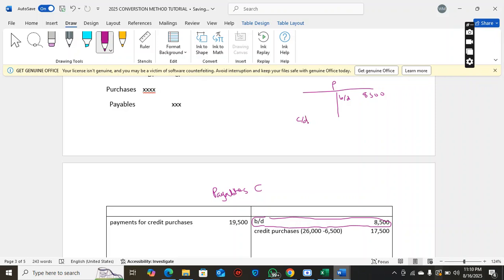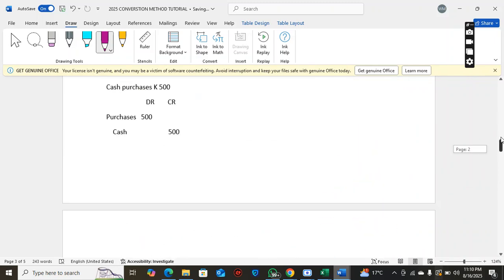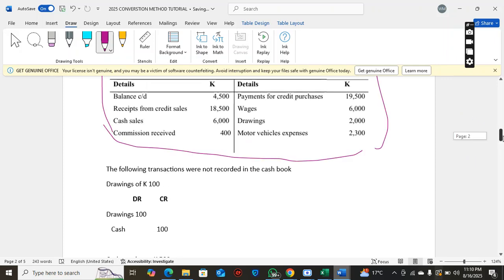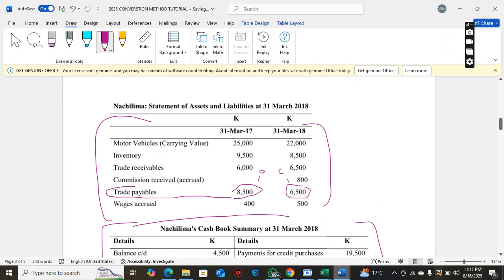If you remember how we closed the cash book, the balance carried down was brought on the lower side. You put the closing amount here, because this is the amount that is being carried into the next 2019. So you put 6,500 there.